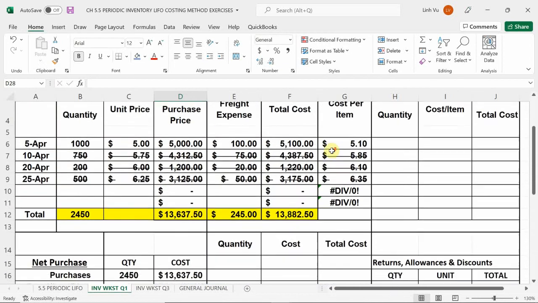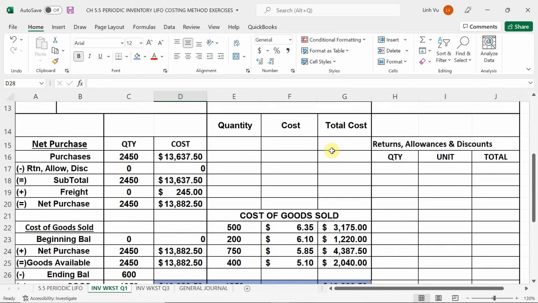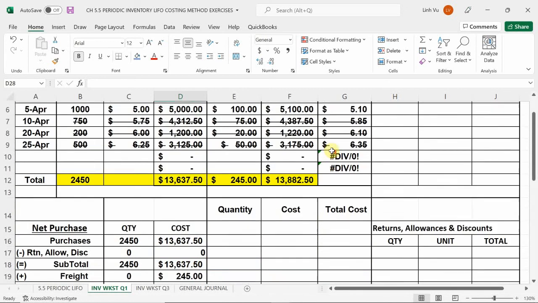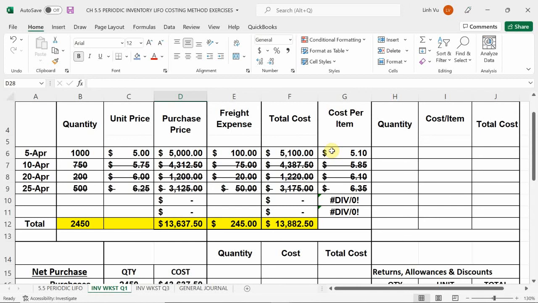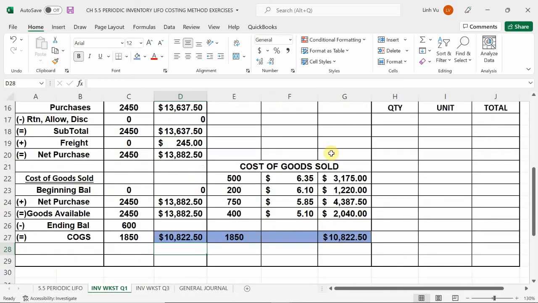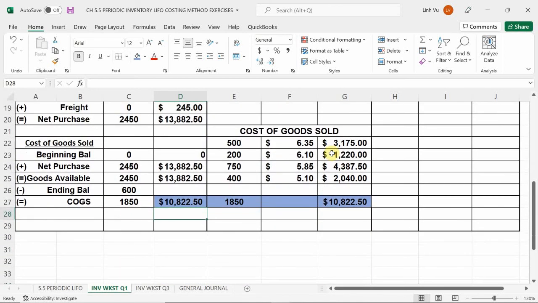Now, again, that was just one way of calculating the cost of goods sold. If you already figured this out, if you understand the rules of LIFO, that when you're costing your inventory, you start from the bottom and make your way up from the top. A shortcut to this is, let's take a look at my ending inventory. I have 600 units left.